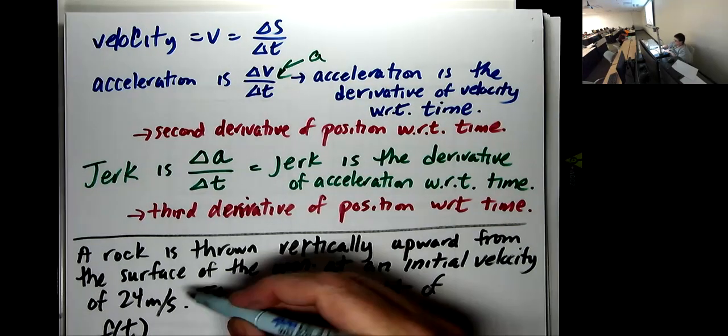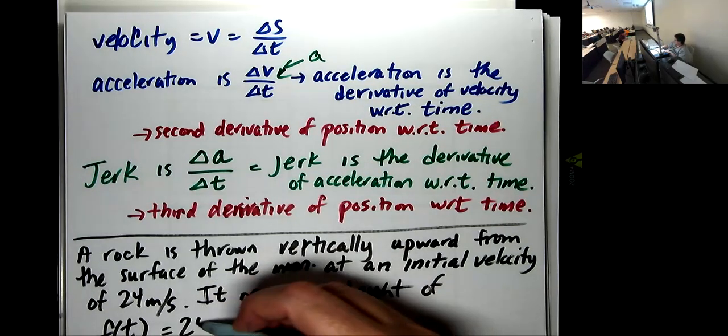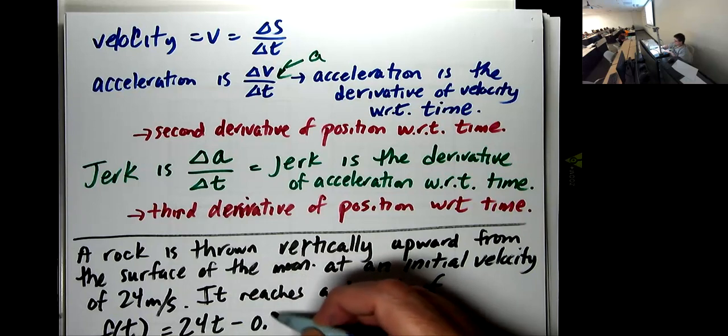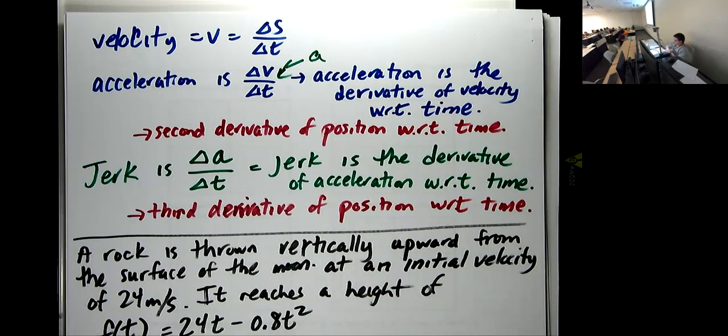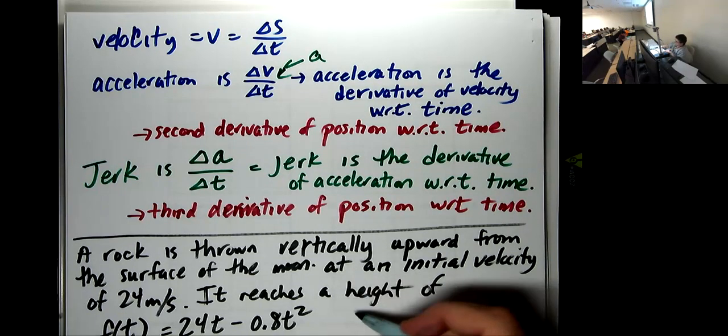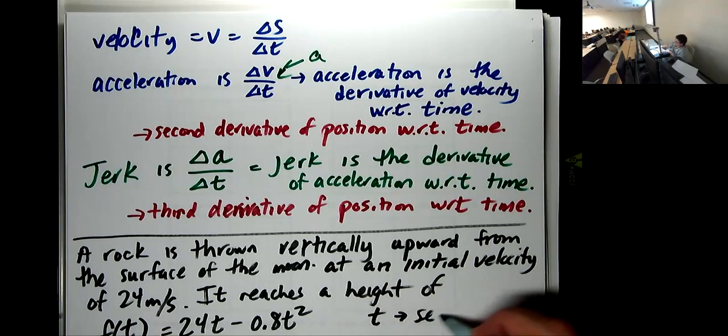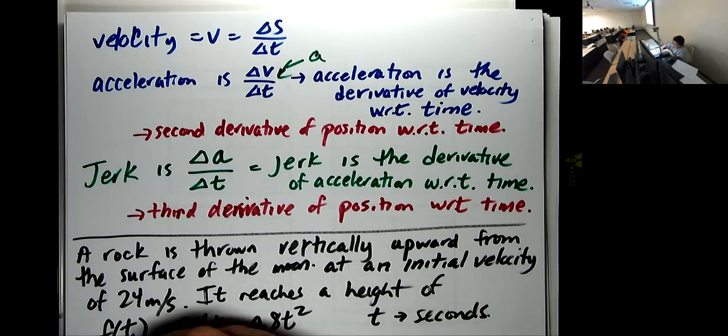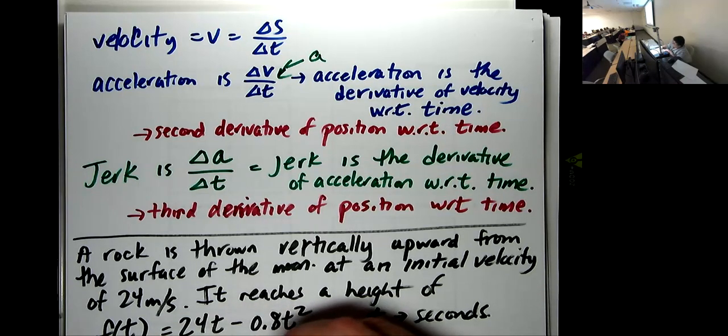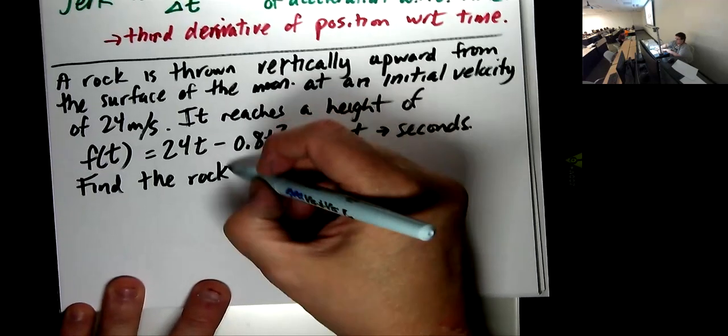It's going to be 24t minus 0.8t squared, where t is in seconds. Find the rock's instantaneous velocity at t equals 2.